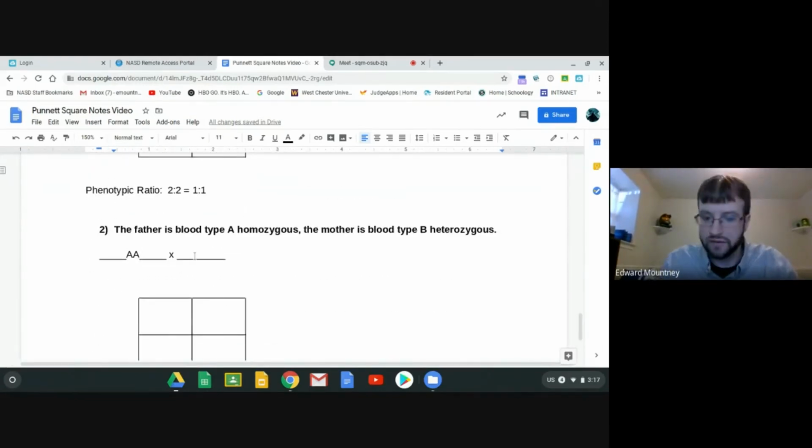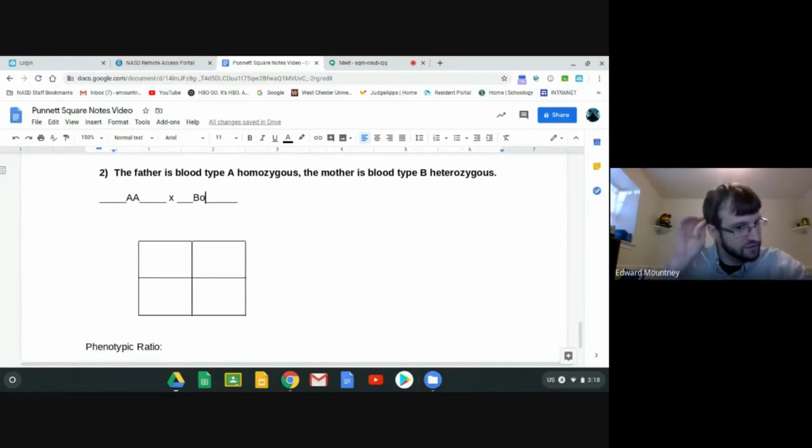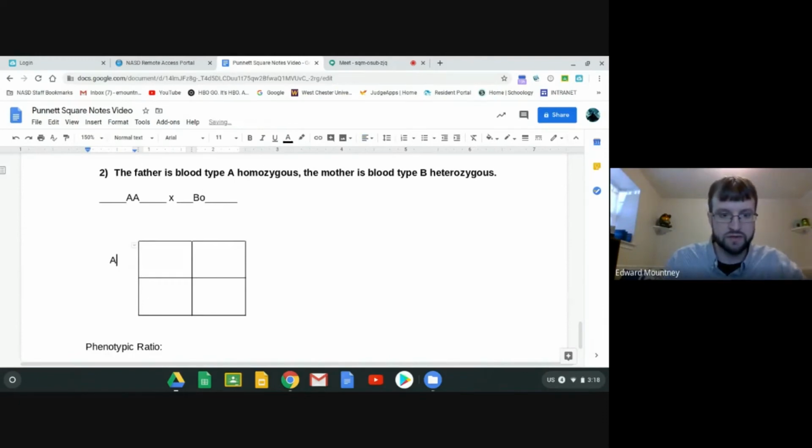So don't get too scared if you see a term you're not sure of. Just remember homo means same, hetero means different. It gives you an idea what the genetic sequence is going to be for the two alleles. So we'll set up our Punnett square, put those in. Father, mother, and then let's join them up.